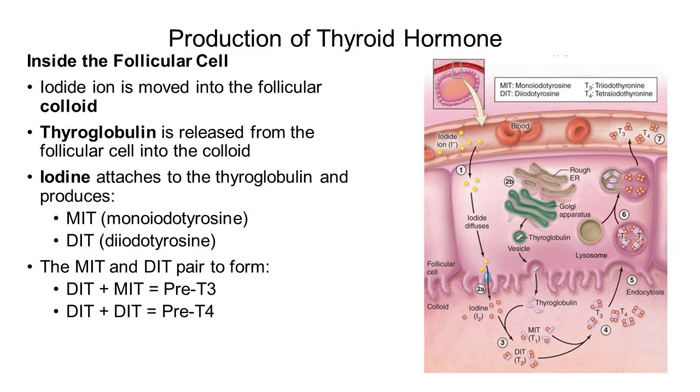And this thyroglobulin attaches iodine to it. Thyroglobulin is a long chain protein, and it's got a lot of tyrosines. And iodine attaches to the tyrosines on thyroglobulin.